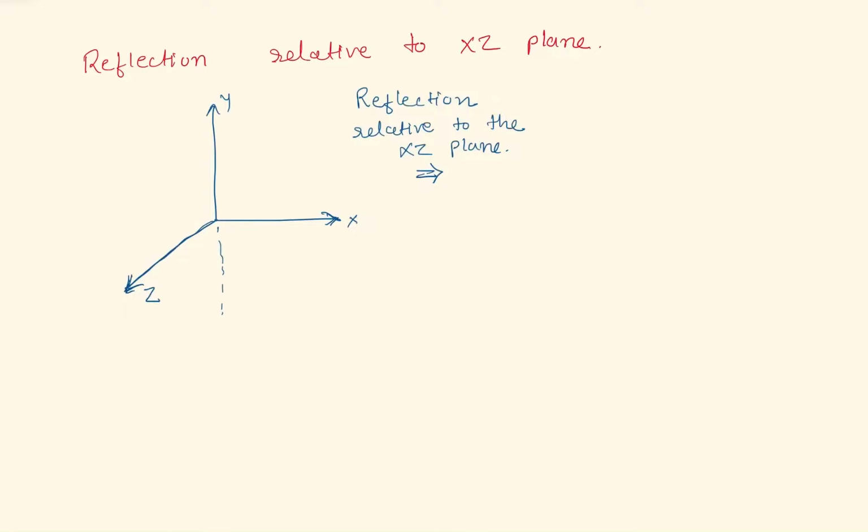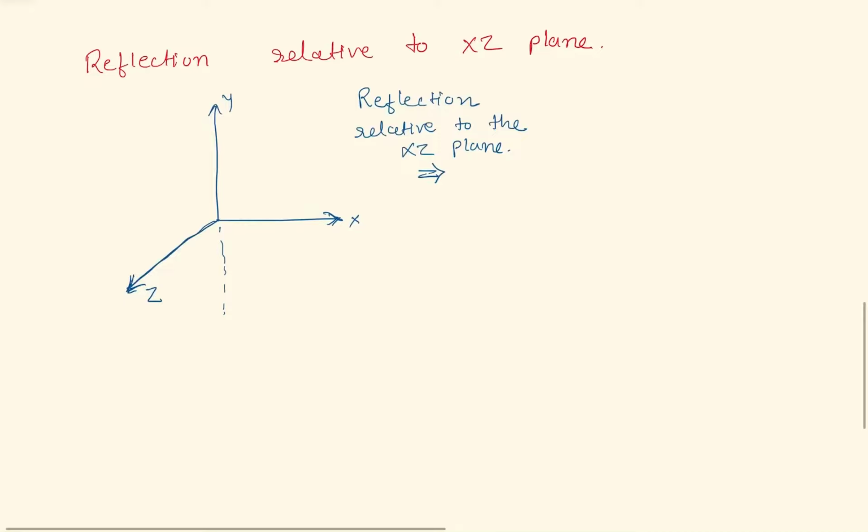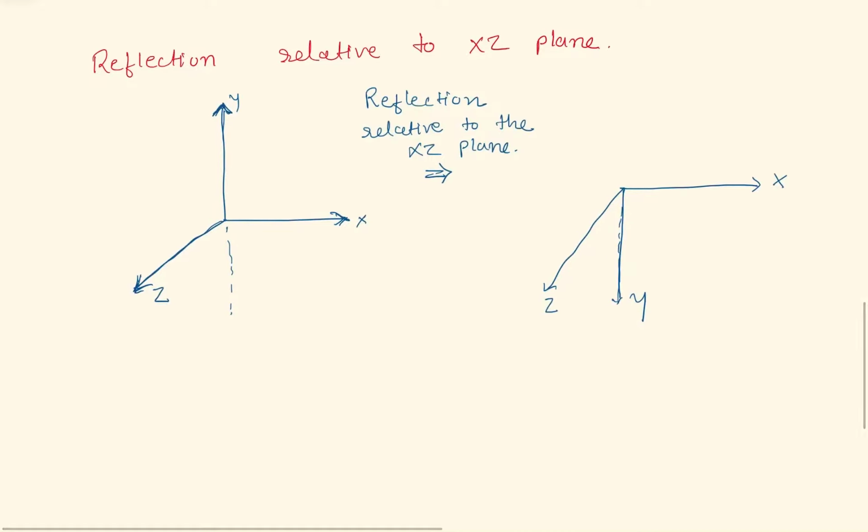After reflection, this is the x and z plane, and this y should be reflected here. This is our y axis, right? So this way we get reflection relative to the XZ plane.